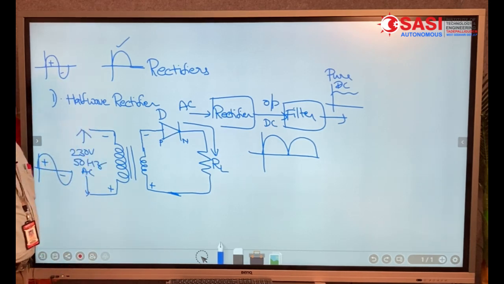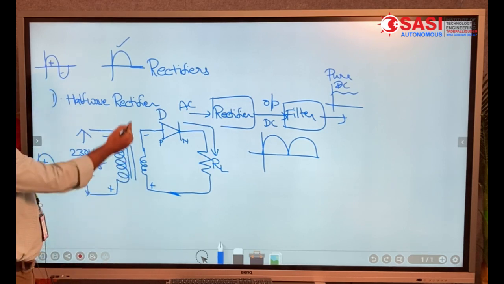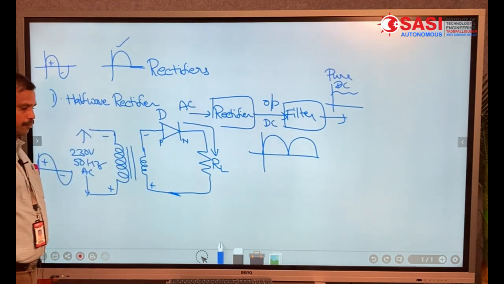Now we can calculate various parameters for this rectifier output.